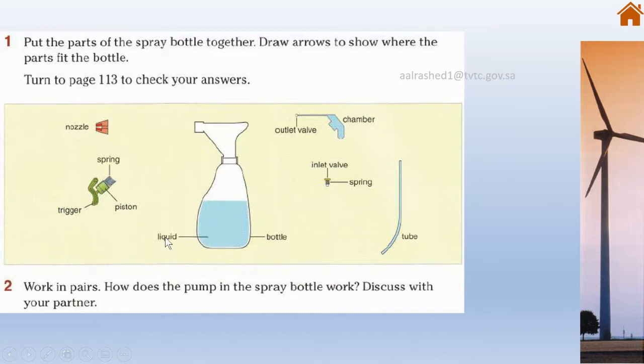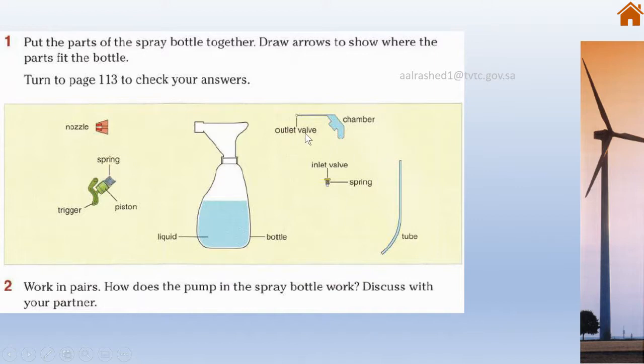So liquid is everything that looks like this, that has to be contained within a bottle to prevent it from going out. An example of a liquid is water. Bottle, this is a bottle. A bottle is also used if you want to store water.